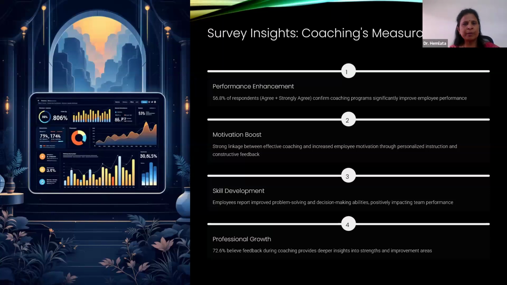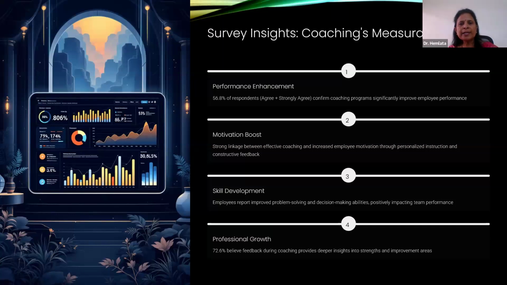level leadership position people who were either into succession planning or were being considered for coaching. Performance enhancement: 56.8% of the respondents agree or strongly agree and confirm that coaching programs significantly improve employee performance.